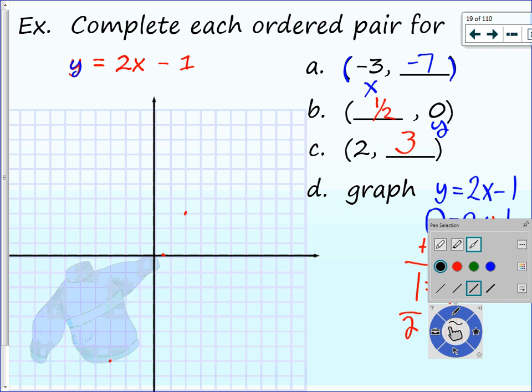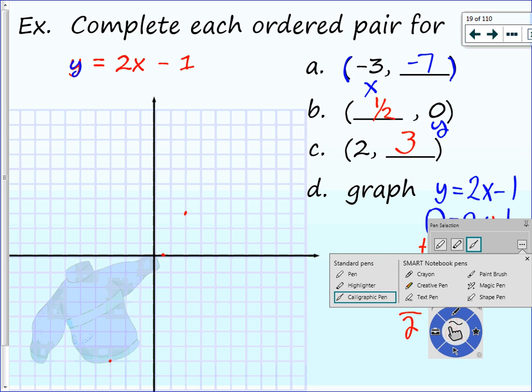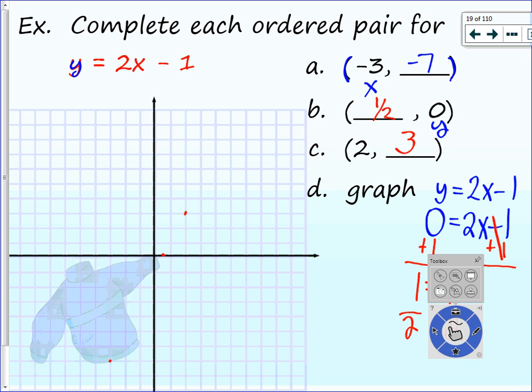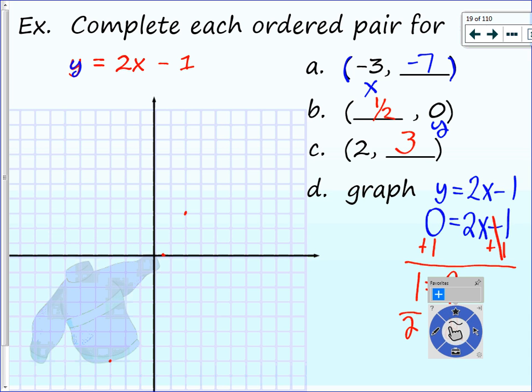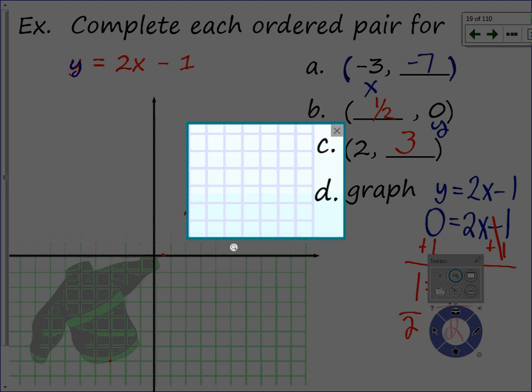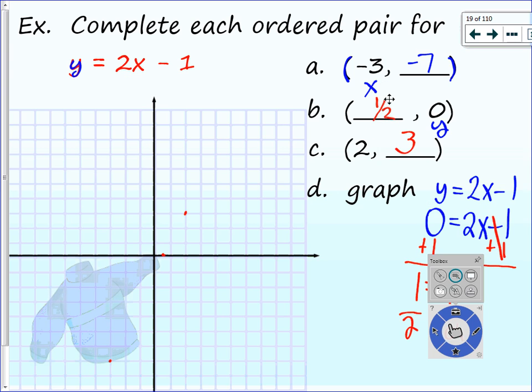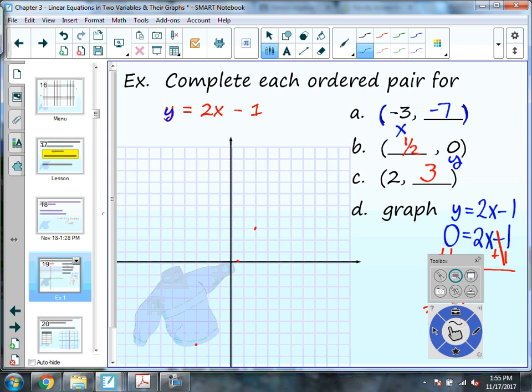Maybe it is. No. It's the line. Okay. There you go.